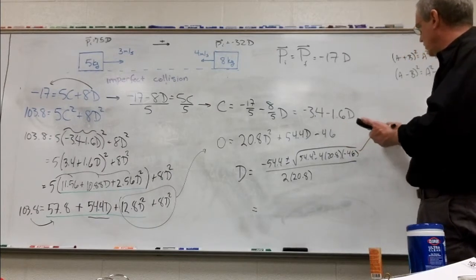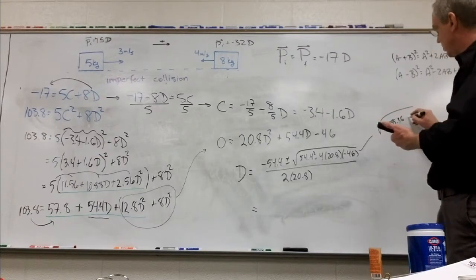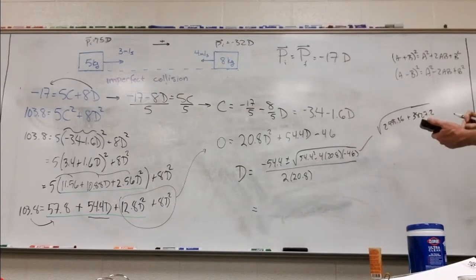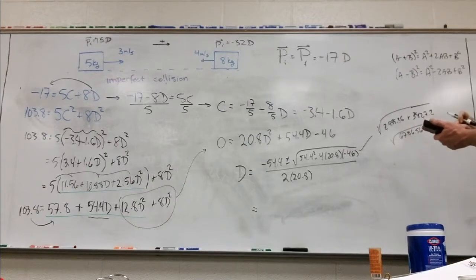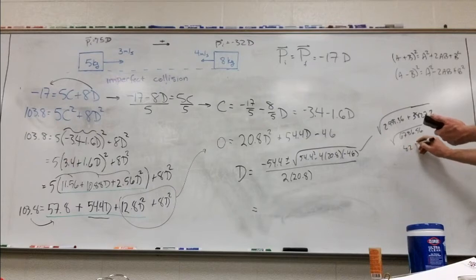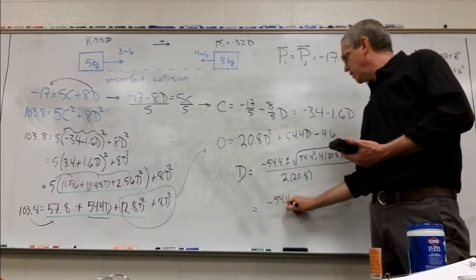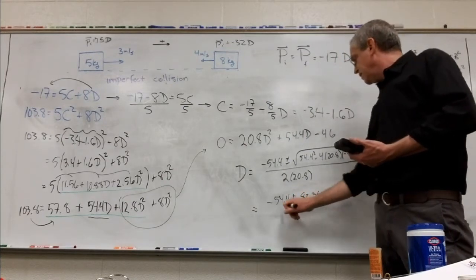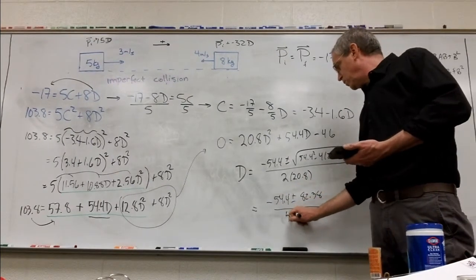So this becomes the square root of 2959.36 plus 3827.2, which is the square root of 6786.56, and then square root, we get 82.38. And so I have negative 54.4 plus or minus 82.38 divided by twice that, which is 41.6.